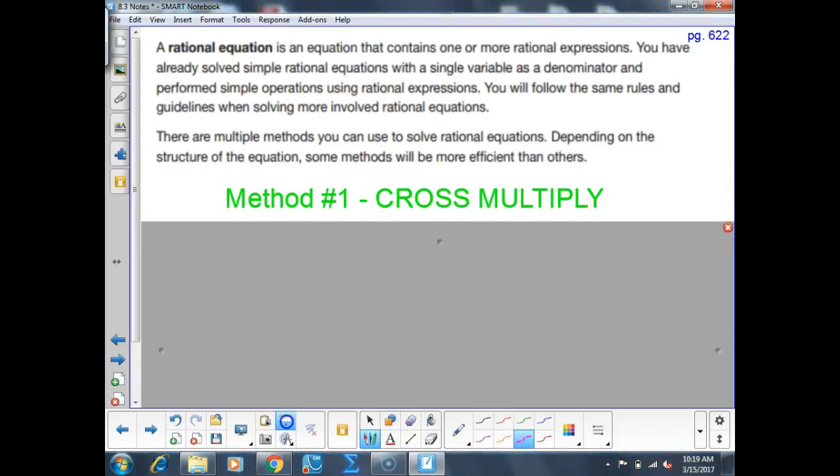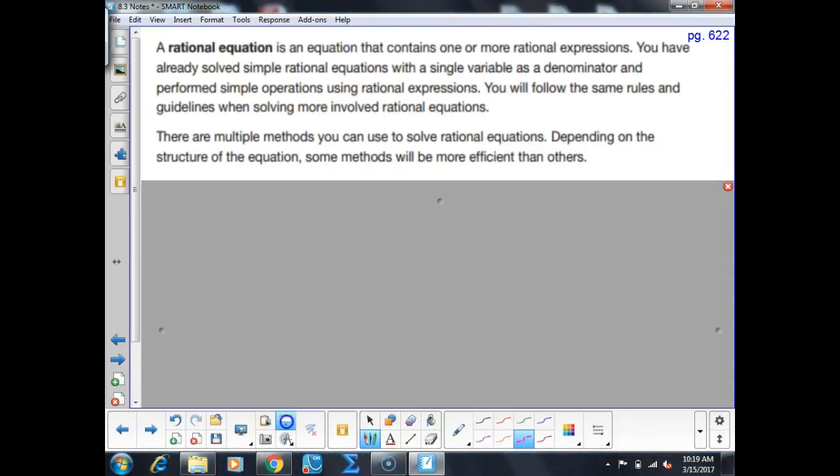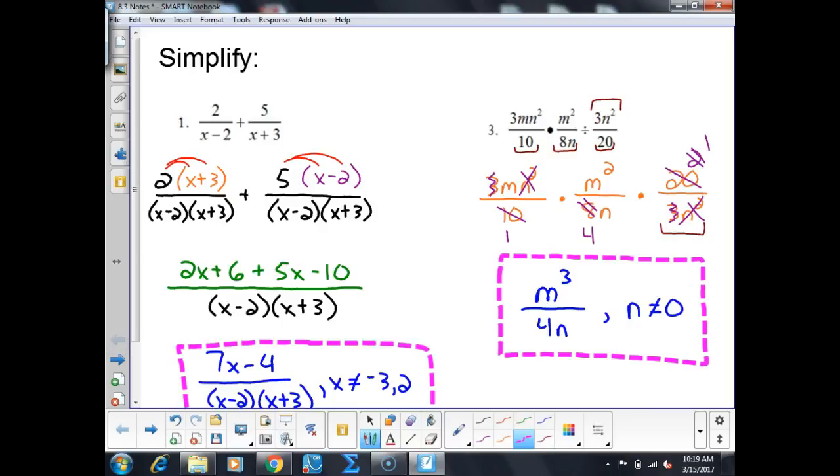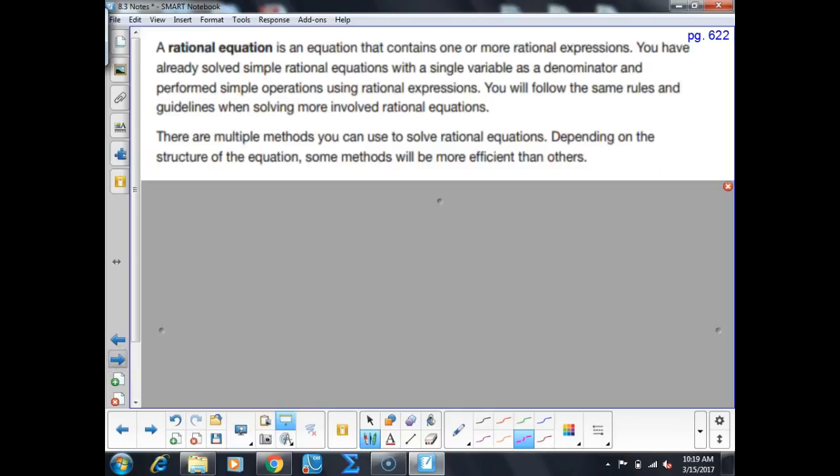We're switching from rational expressions. All of these from before were what are called rational expressions. Now, we're switching to a rational equation. So, my question to you is this.